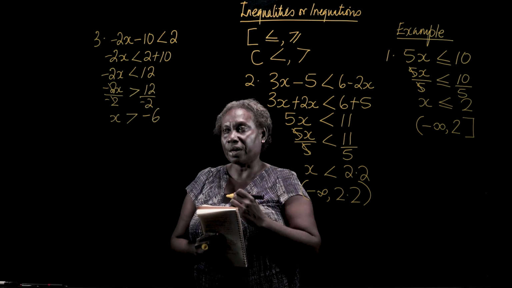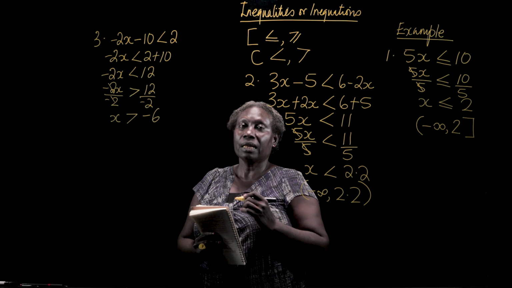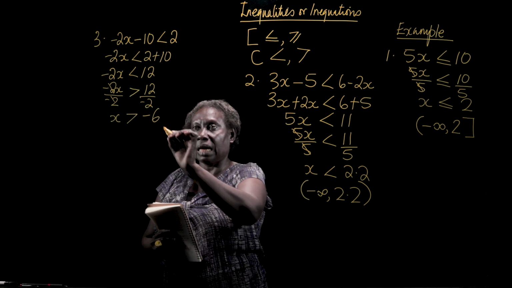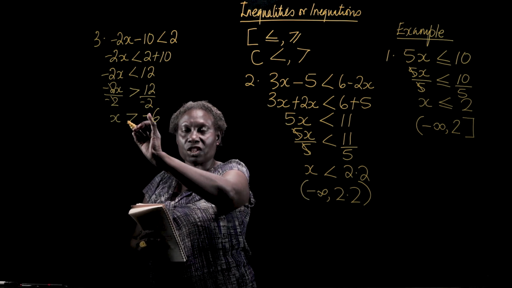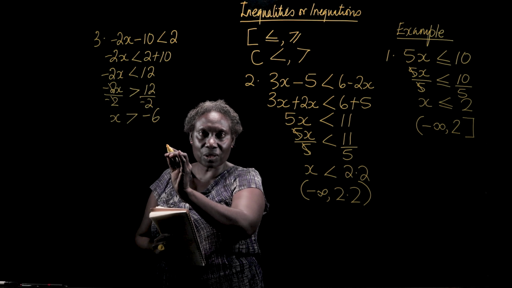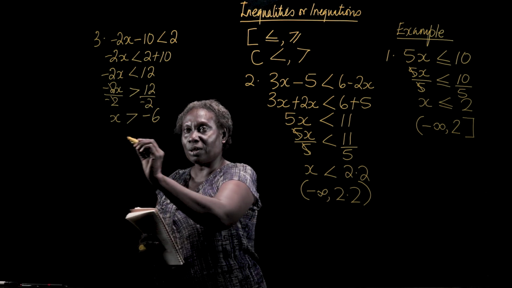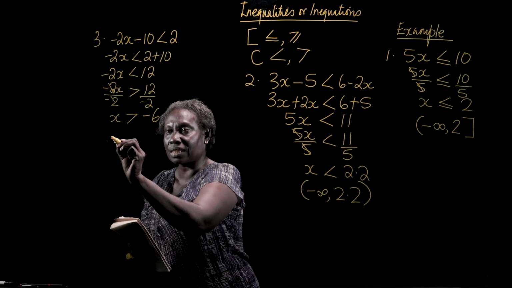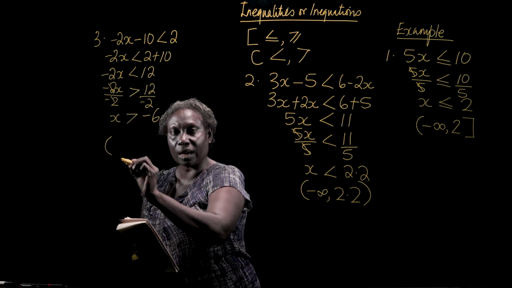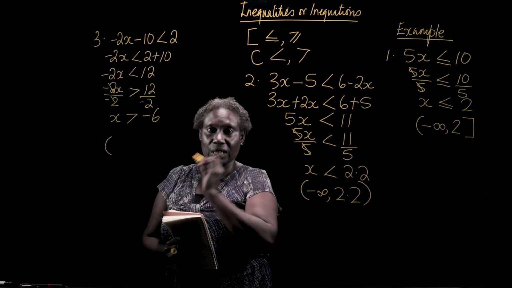Now, how do we write this in interval notation? Okay. Now, this time, it's all the numbers which are to the right of negative 6. So we are going to start with negative 6 with a round bracket because negative 6 is not included.